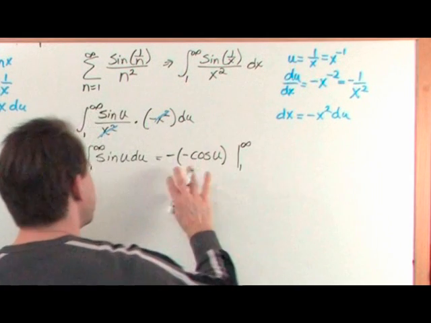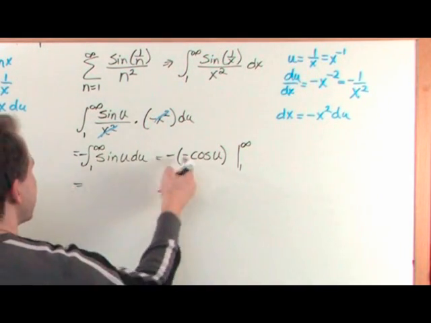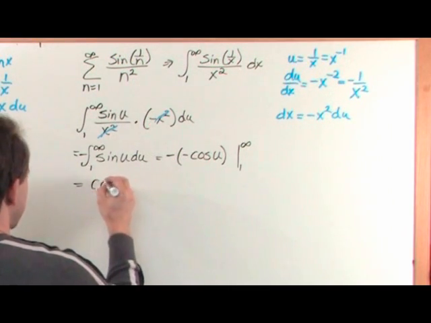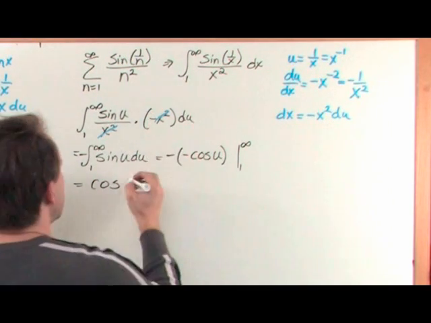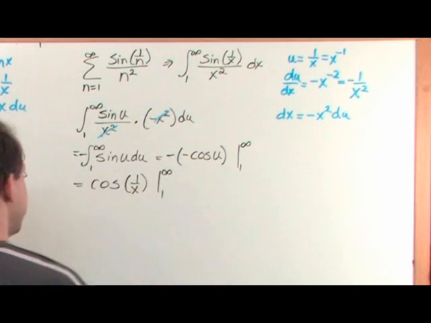Evaluated from 1 to infinity, but I don't want to actually evaluate the integral yet. What I want to do is make this a positive, so it's cosine, and I'm going to plug in what I know for u, which is 1 over x, evaluated from 1 to infinity.